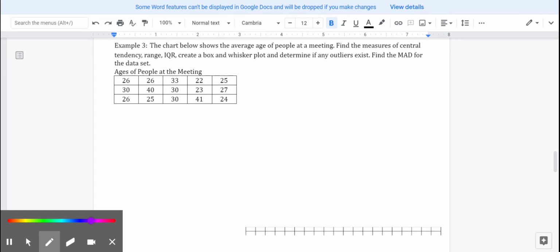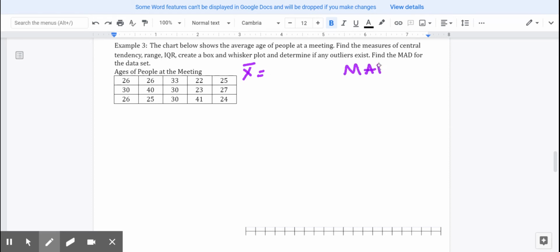So I know from this list, we first need to make sure we have everything we need to find. We need to find the mean. They told us we'll have to find the MAD. And in order to find the box plot, remember we need the 5-number summary.